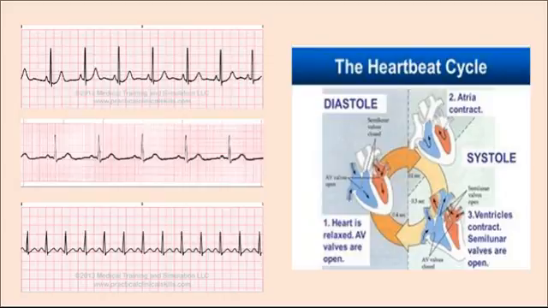You're looking at your ABCs, airway, breathing, circulation, looking for low blood pressure, because the effects of a low cardiac output will be hypotension, cool, clammy skin. They might be having some chest discomfort or chest pain because there's not enough oxygen getting to the heart muscle. They might have some changes in their mental status because the blood is not perfusing to the brain.